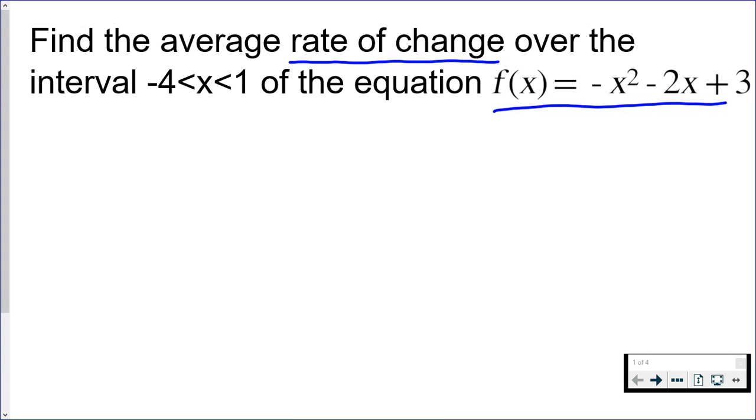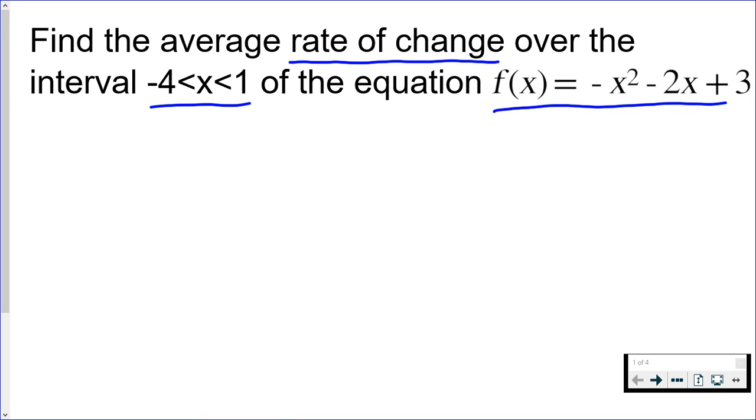This is a quadratic. Now, the reason it's an average rate of change is because you are not moving at the same rate between every single point. I will demonstrate that at the end with a visual, but for now I will show you how to actually find the average rate of change on this interval.